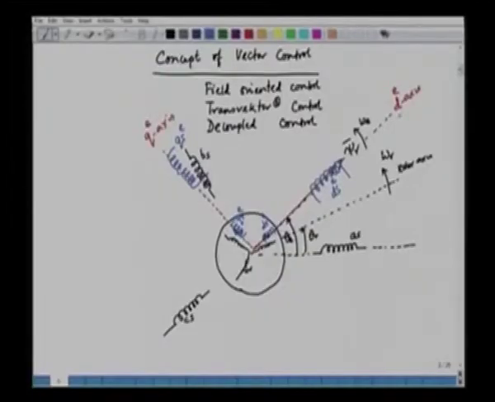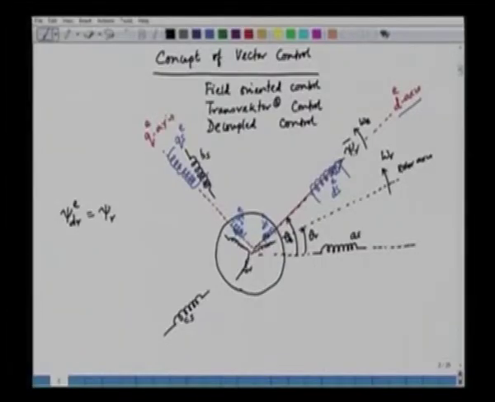Now, this is a very special reference frame. Now, if we are taking this reference frame, what is the advantage? The advantage is this, that if we are orienting the d axis of the reference frame, along with the rotor flux vector, that is psi r, we have the following equation. The equation is that psi dr^e is equal to psi r. You can see that if I find out the d axis component of the rotor flux, the total rotor flux is oriented along the d axis.